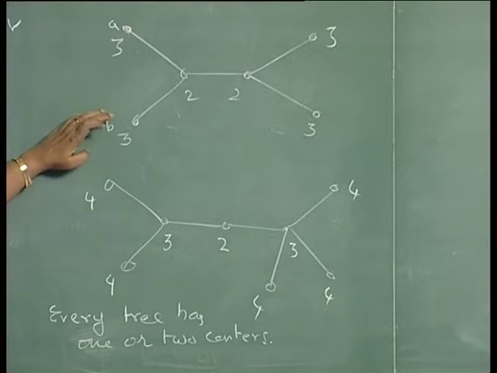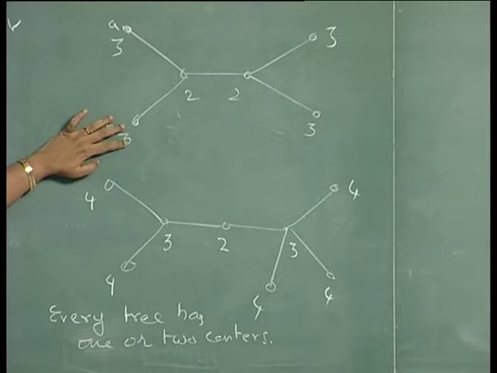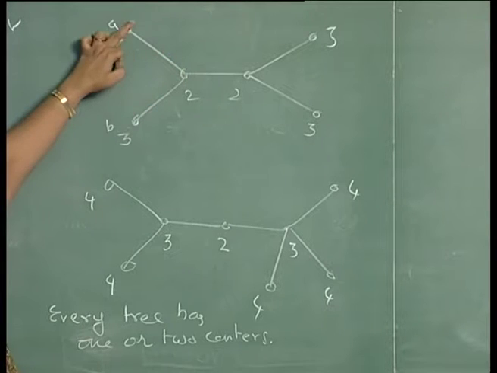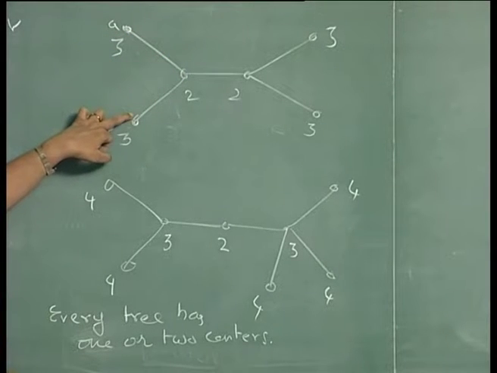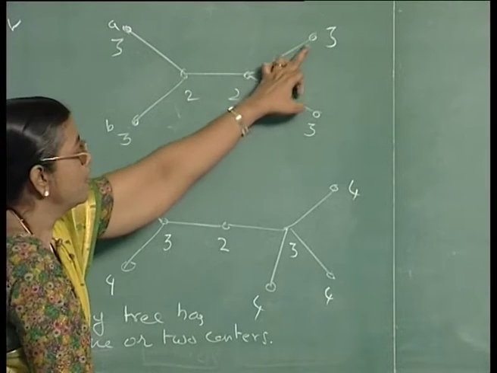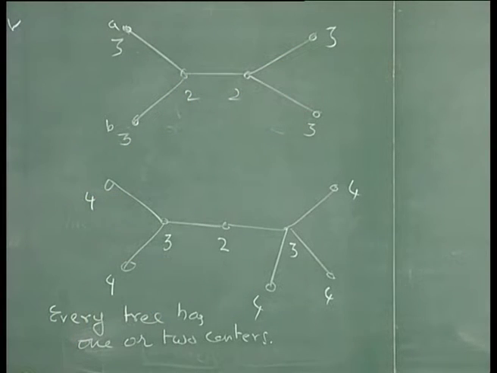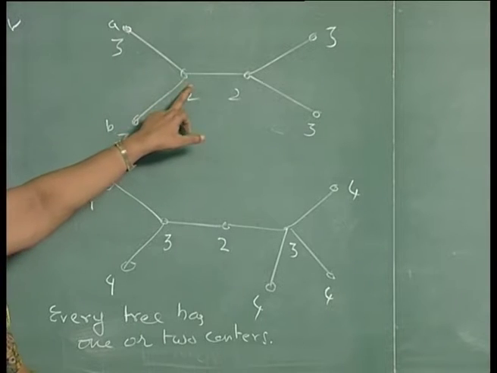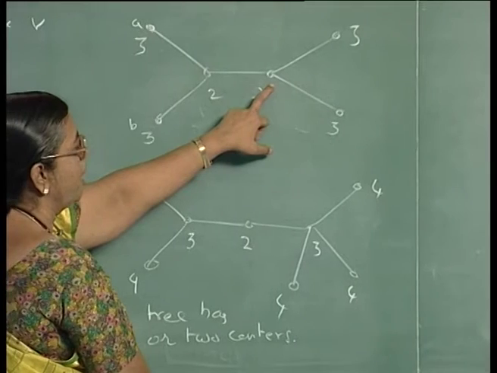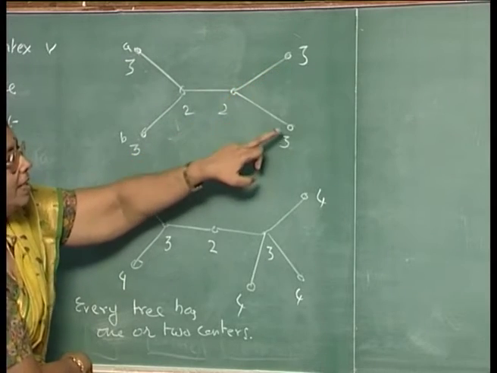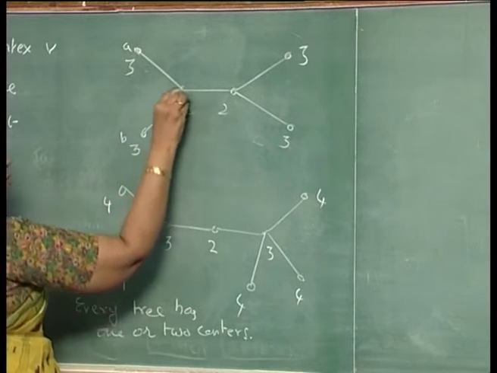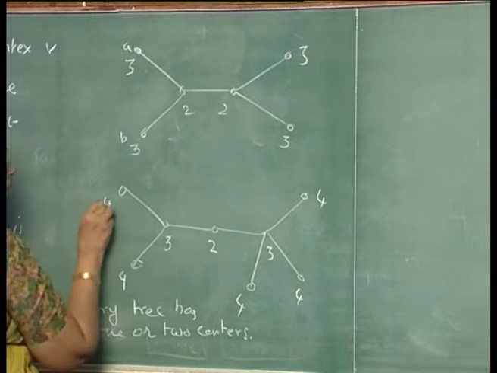Similarly, the eccentricity of this vertex is 3, but the eccentricity of this vertex is 2, because these two nodes are at distance 1 from this and the other node is at distance 1 and these two nodes are at distance 2. So, the eccentricity of this vertex is 2, the eccentricity of this vertex is also 2 in a similar manner. The eccentricity of these 3 vertices is 3, because the distance of the farthest point is 3.